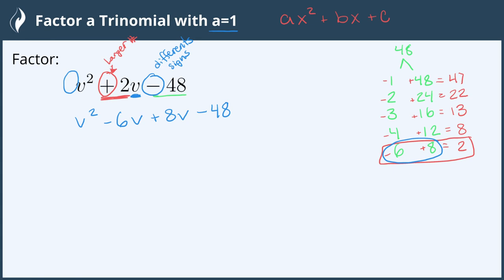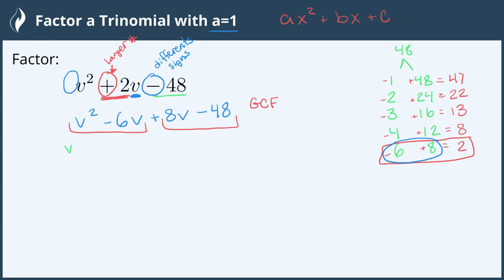Now that we have replaced our middle term, we're going to group and factor out the greatest common factor. This is factor by grouping, the greatest common factor from the first two and the last two. The greatest common factor of the first two seems to just be v.